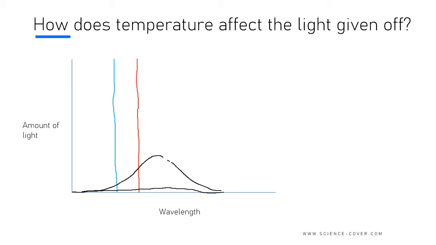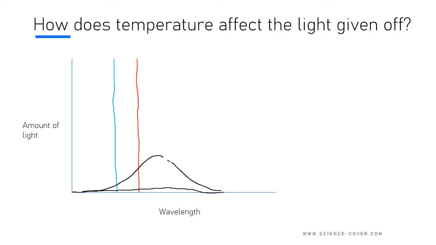So this peak is not in the visible spectrum, it's outside of the visible spectrum, but you can see there's a higher line on the red line than there is on the blue line. Now that's our visible light that we can see. So this object is actually giving off enough red light for us to see, which means that it'll appear to glow red hot.